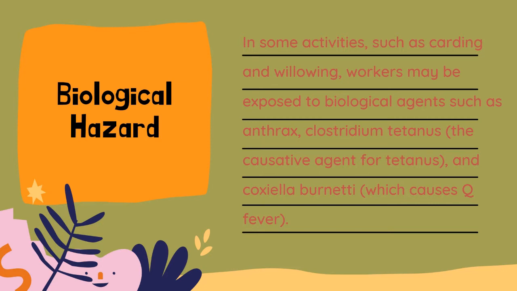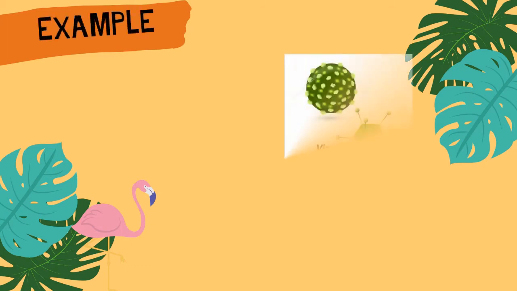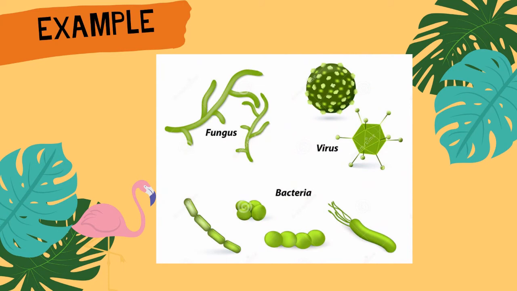Exposure to biological agents can result in allergies and respiratory disorders. Here are some examples of biological hazard. So we have fungus, bacteria, and virus. For example, COVID-19 is a virus, so it is under biological hazard.